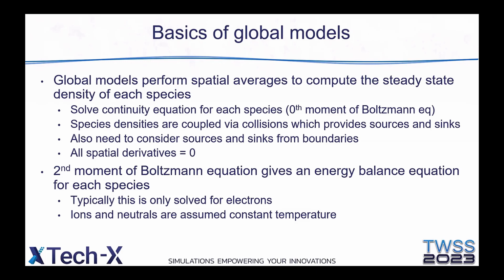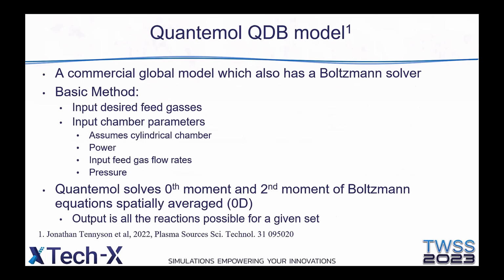And in this global model, also called the 0D model, the species densities are coupled via the collisional process. And then there are boundaries, even though it's 0D, because you have to include sources and sinks from power sources. The simplification is that all spatial derivatives equal 0. And then there's also an energy balance equation, which typically is done only for the electrons. In principle, you could put in ion terms as well.